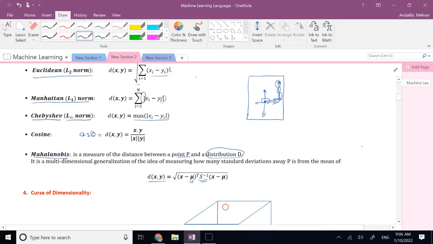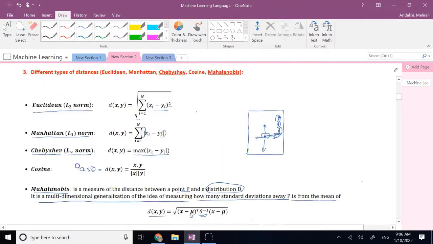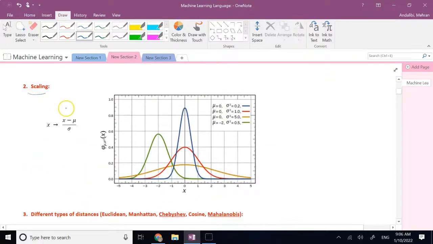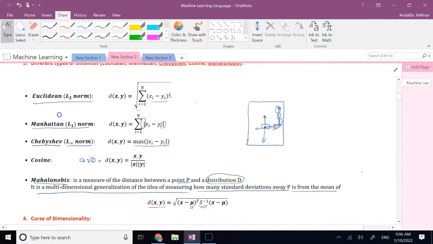What is this? It basically shows you how many standard deviations point P is away from mu. It's a multi-dimensional version of that. And we're going to talk about it in a second when we go to scaling. We're going to talk more about how many standard deviations you are away from the center.